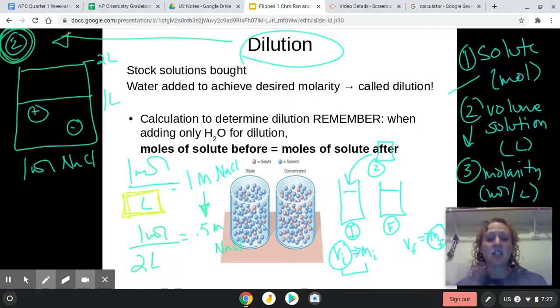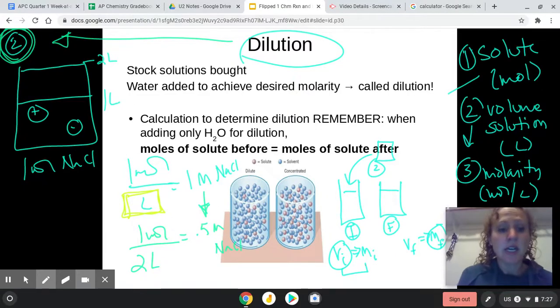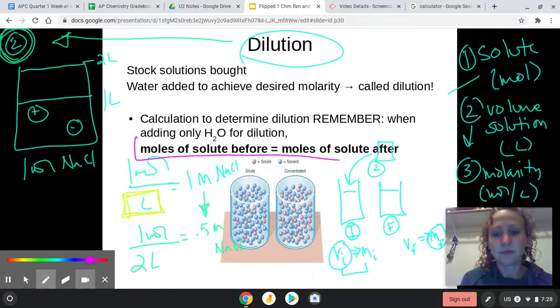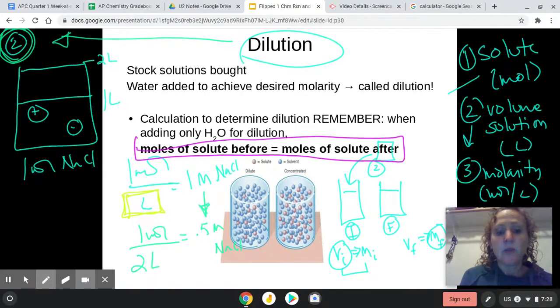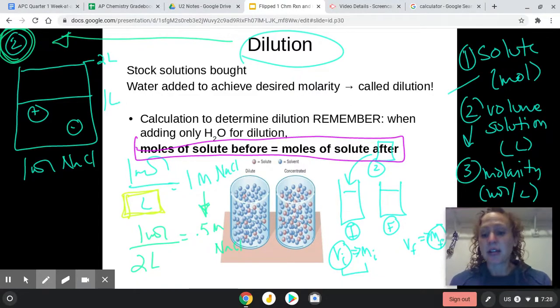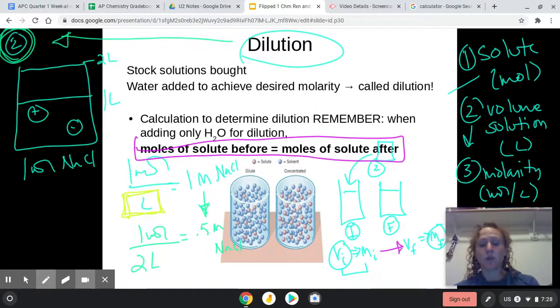The catch to this whole problem, the concept you have to wrap your mind around in order to be functional with dilution, is right here. Moles of solute before your dilution is going to be the same as moles of solute after your dilution. So that's how you get between the two calculations.